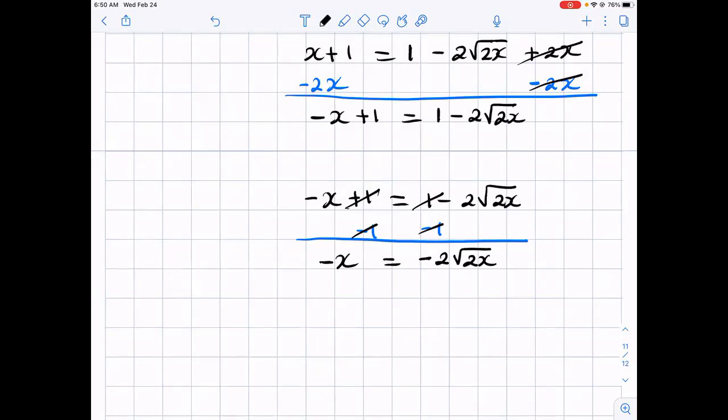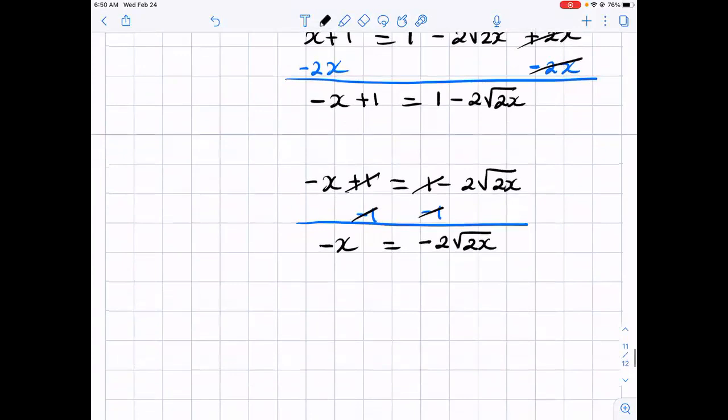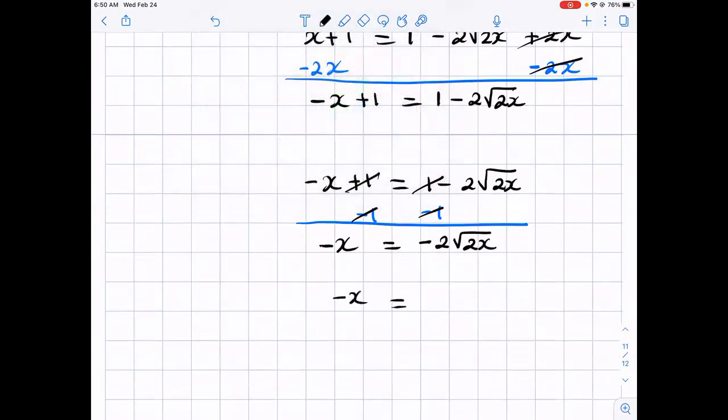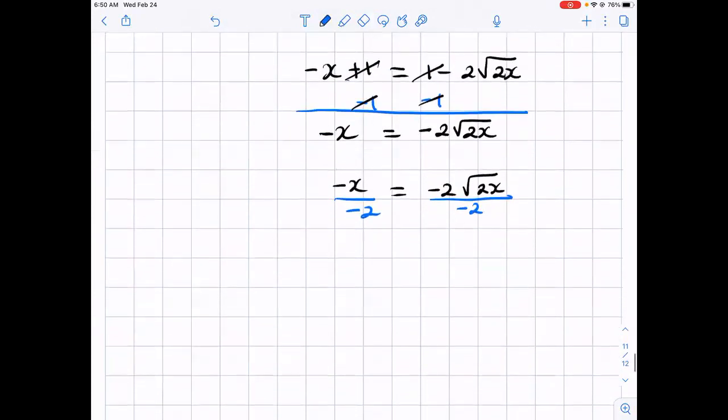And now we're going to divide both sides by negative 2. So by doing this, we have minus x, and we divide both sides by negative 2. So we're left with the negative and the negative cancels out. So we have x over 2 is equal to, this becomes positive 1.